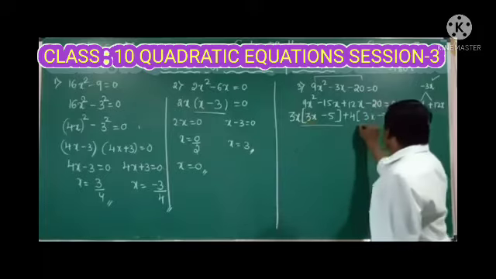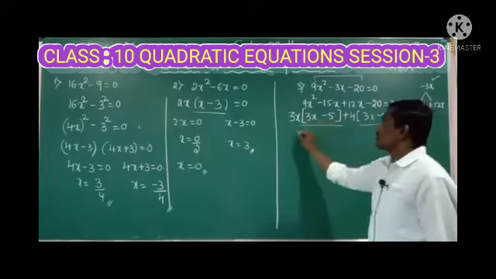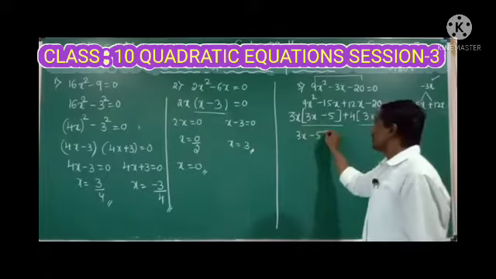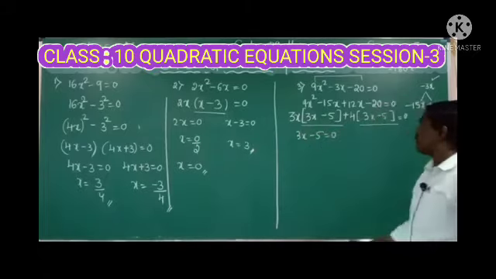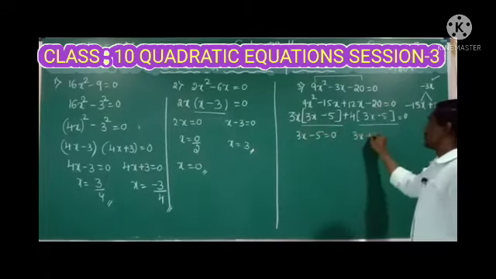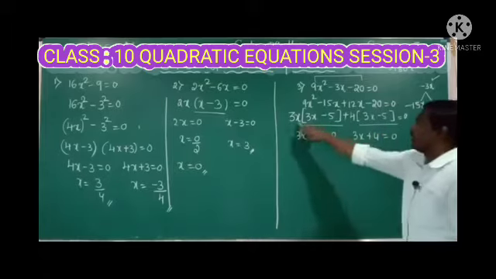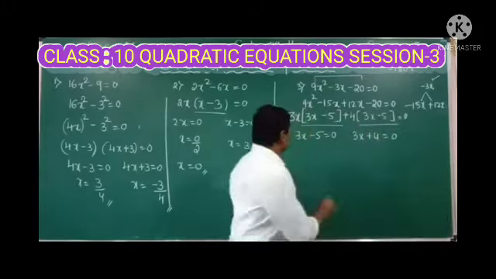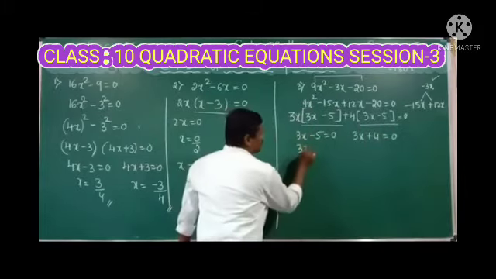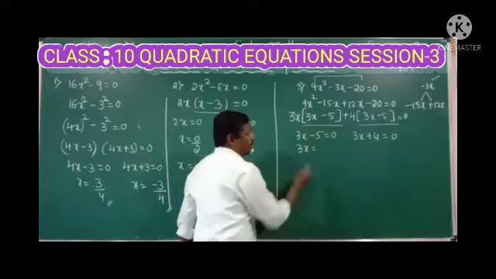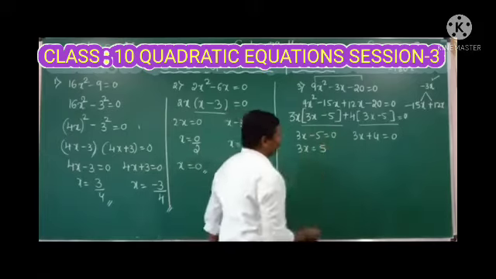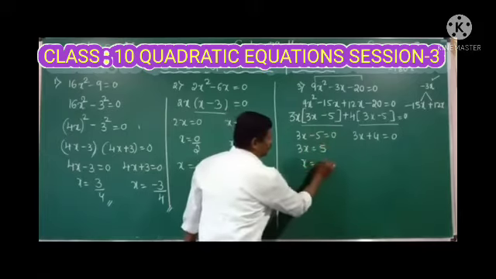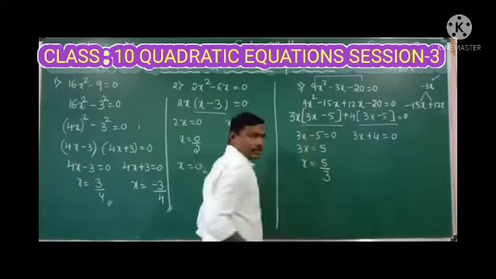Now what are the two common terms here? 3x minus 5 is equal to 0, one term, and 3x plus 4 is equal to 0, another term. Here 3x is equal to plus 5, since minus 5 becomes plus 5, so x is equal to 5 by 3.